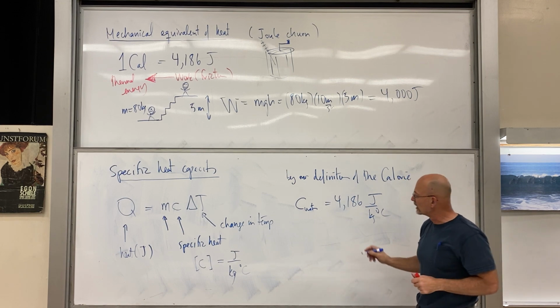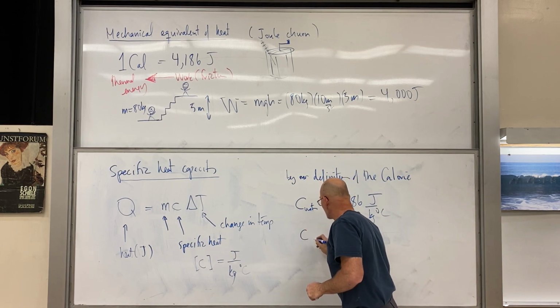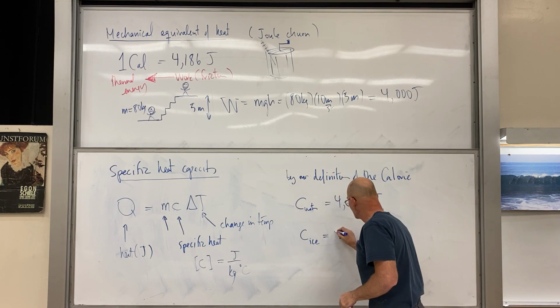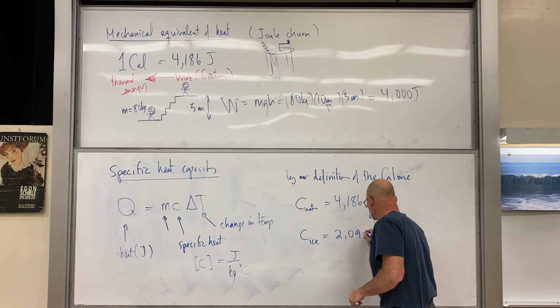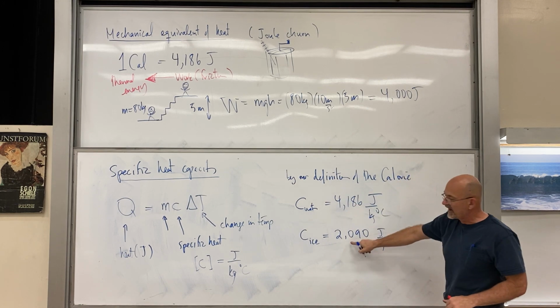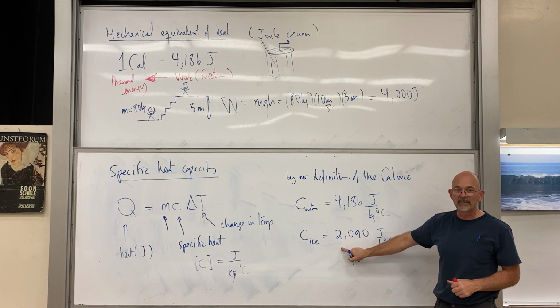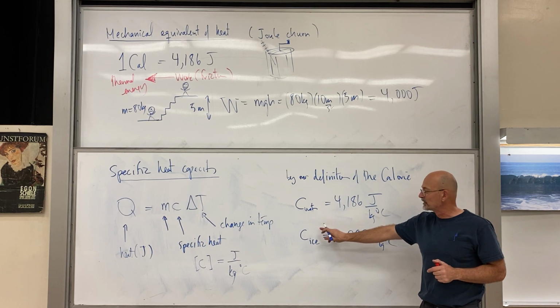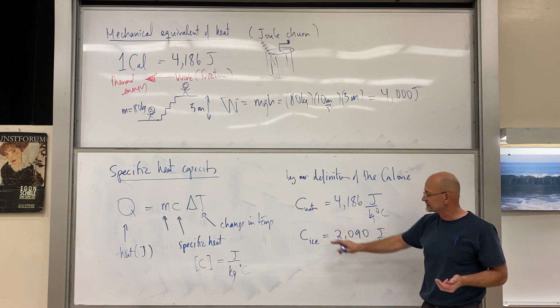The other ones you can look up. So I happen to know that ice is 2,090. So liquid water and ice have very different specific heat capacity. That's interesting. There must be some structural difference between a liquid and a solid, right?